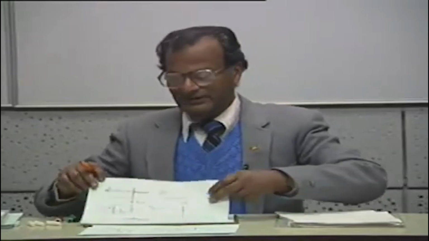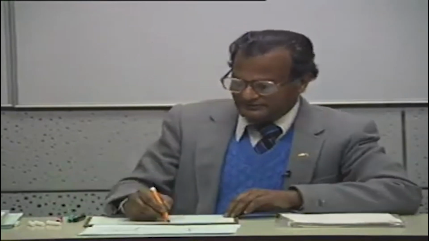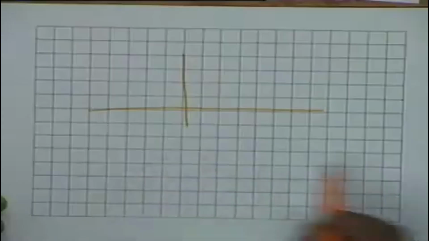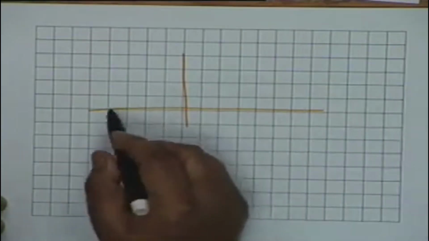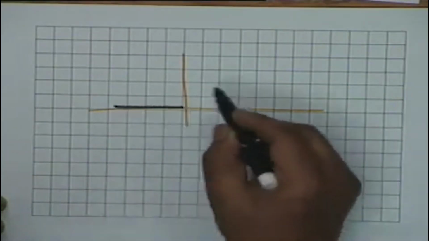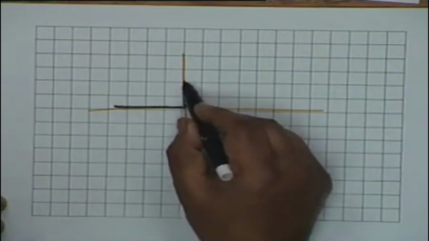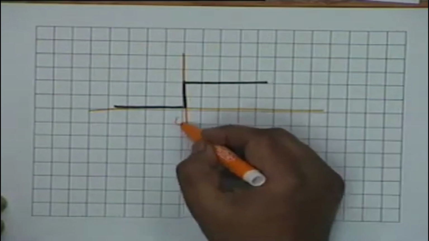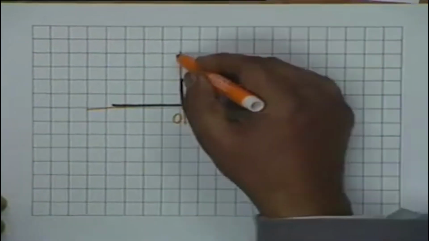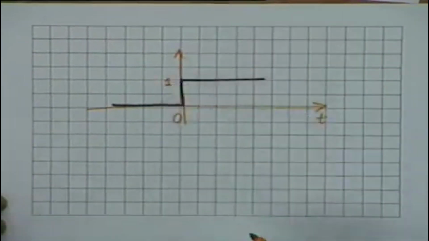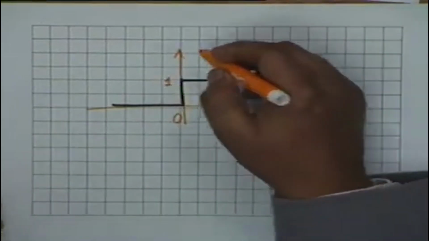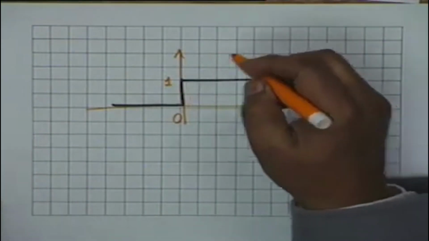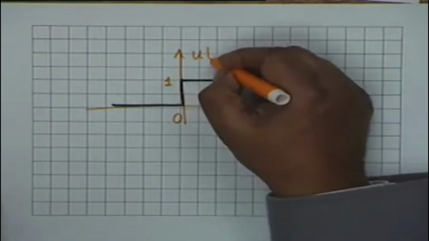A unit step therefore is a function which is 0 for t less than 0 and which rises to 1 at t equal to 0. And this function is given a special name of unit step function and is denoted by u of t.